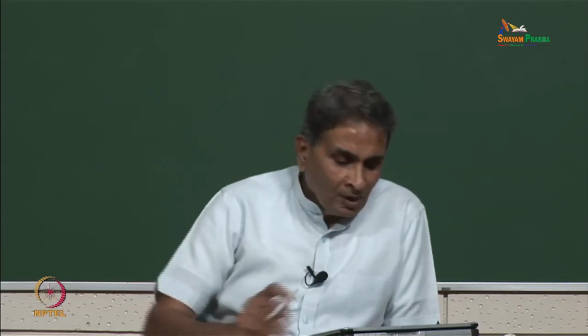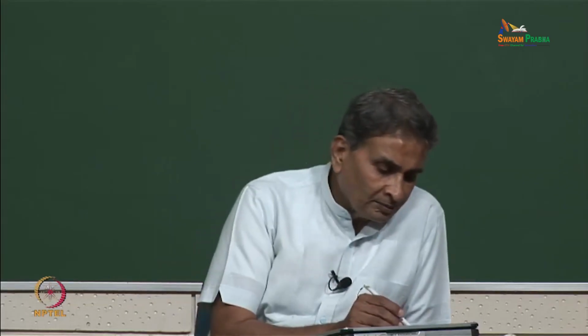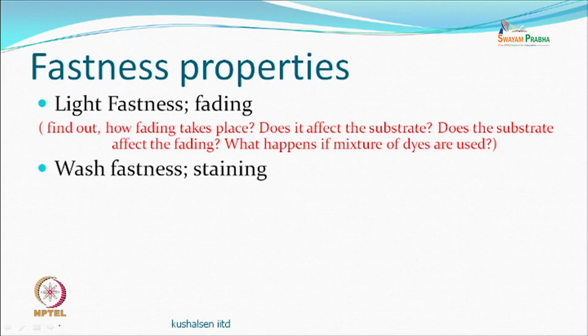There is a bond made: less bonding, more bonding, covalent bonding, ionic bonding. They will all play a role in determining the wash fastness. But light fastness also gets affected. You can read more about it. The wash fastness, of course, is important.